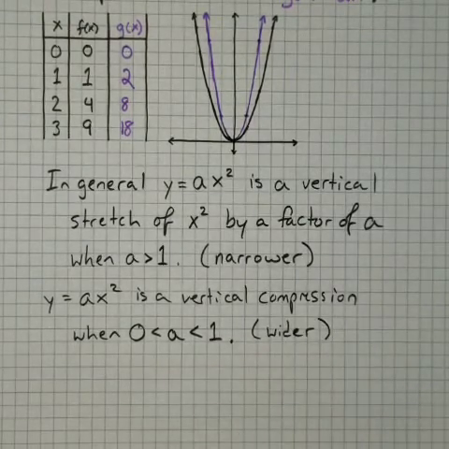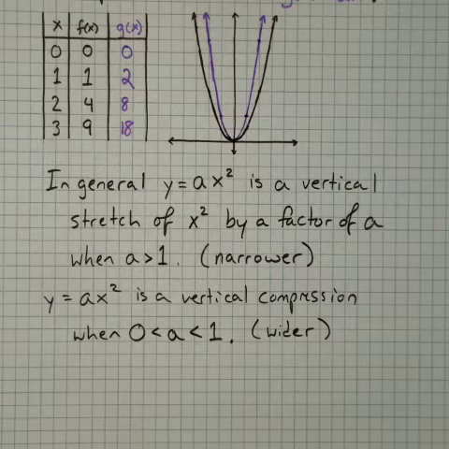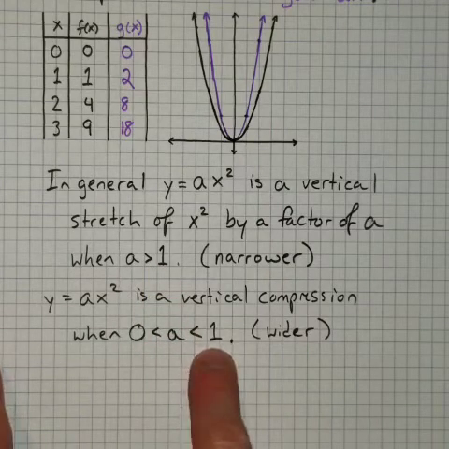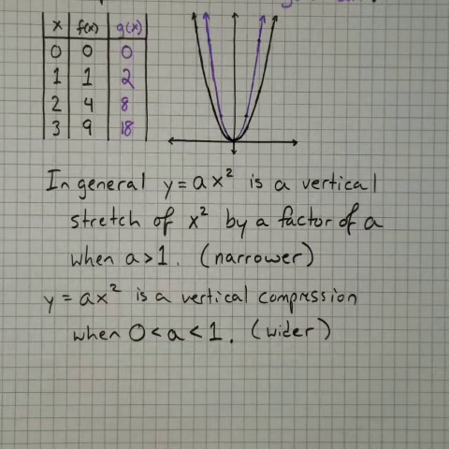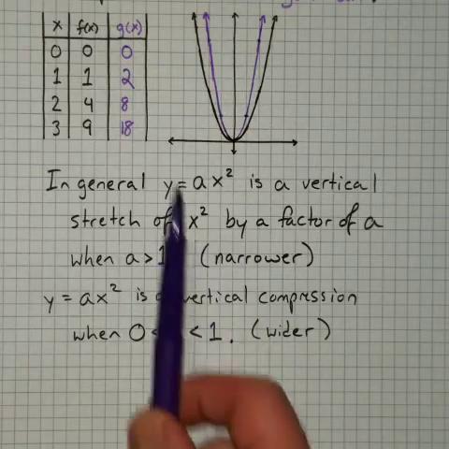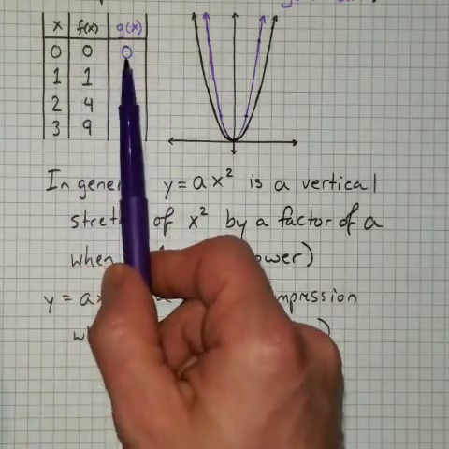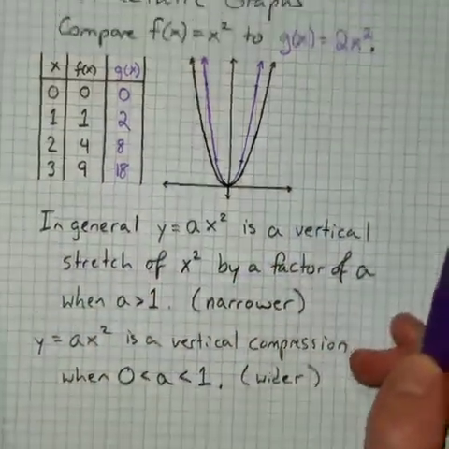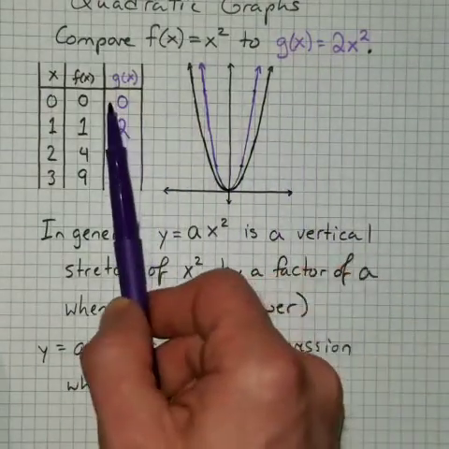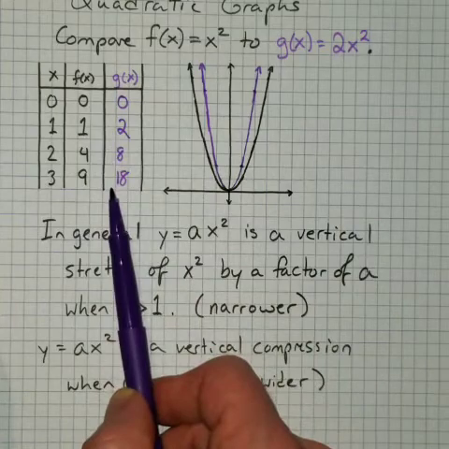Okay. Now, the other situation occurs when, instead of a being greater than 1 or between 0 and 1, let's say a is actually less than 0. It becomes a negative number. Well, if you can just imagine for a moment, rather than sketching it out, what would happen if this a value were negative, basically you're just multiplying by a negative and all these outputs become negative.